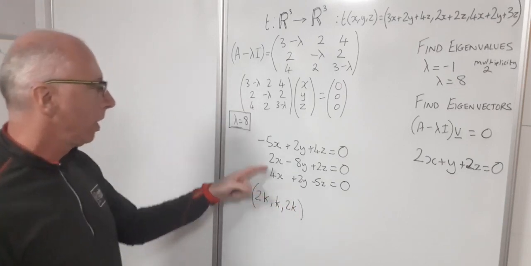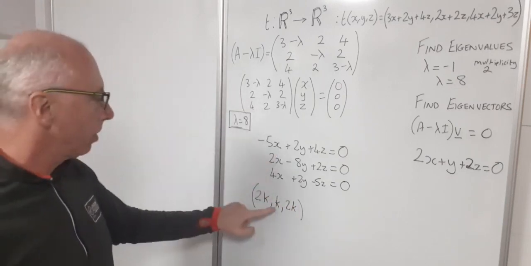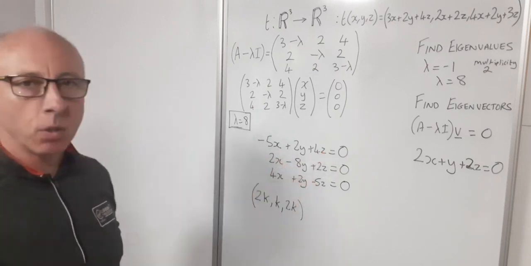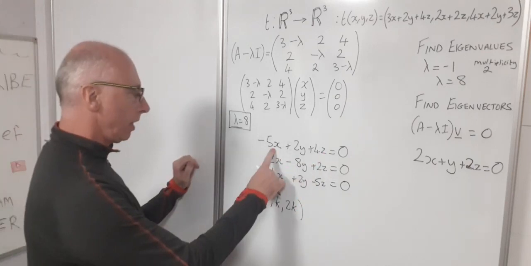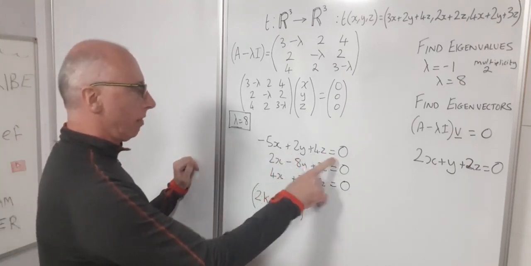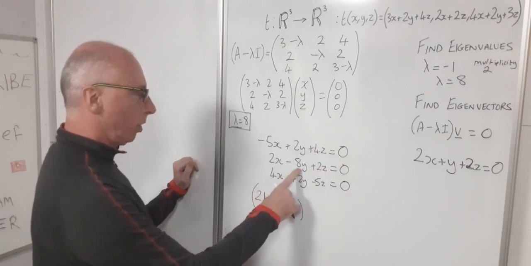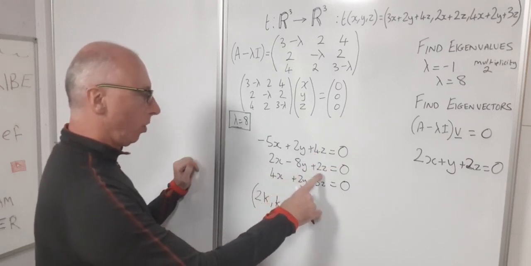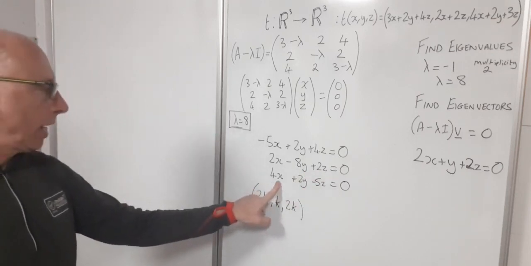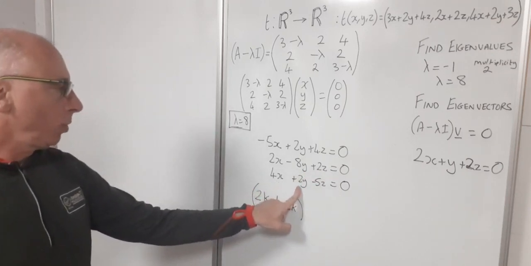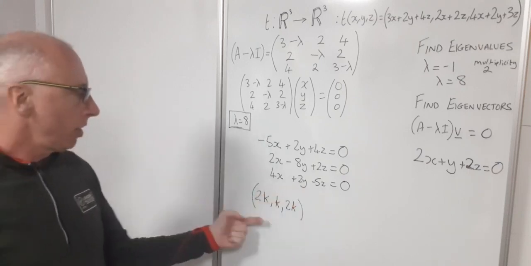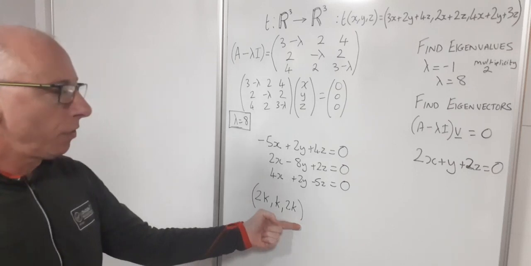So for example, if I plugged in 2 for x, 1 for y and 2 for z, I should get these all to be true. So for example, minus 10 plus 2 plus 8 will give me 0. Same here, 4 plus minus 8, that's minus 4, plus 4 sets to 0. And same here, 4 times 2 is 8, plus 2, which is 10, and then minus 10 again, sets to 0. So we know that's a good result for that one.